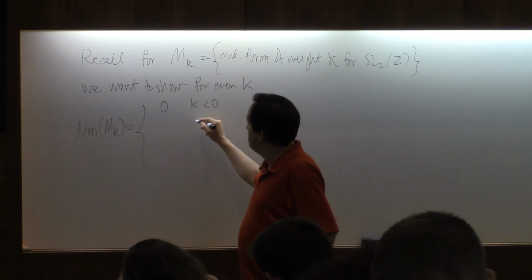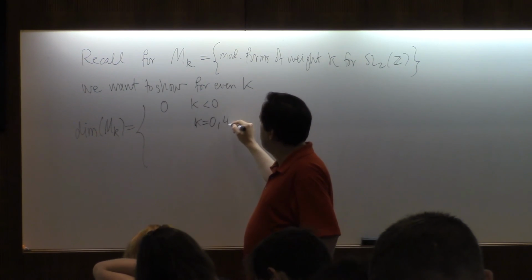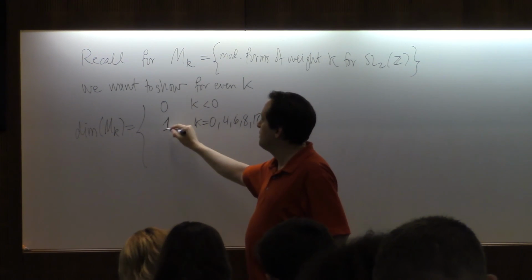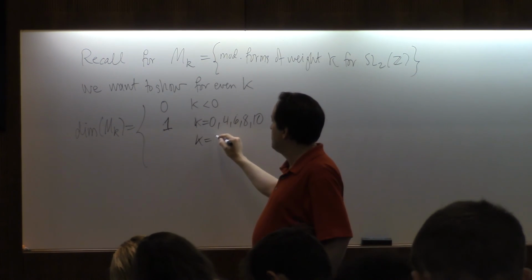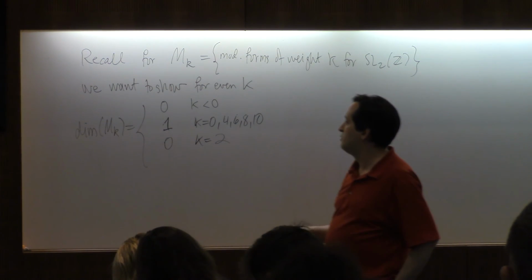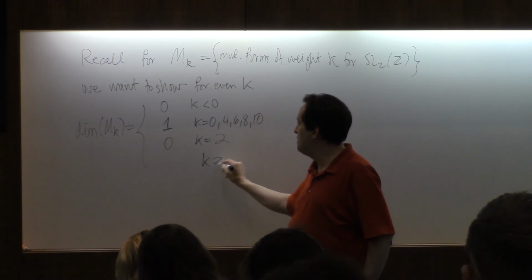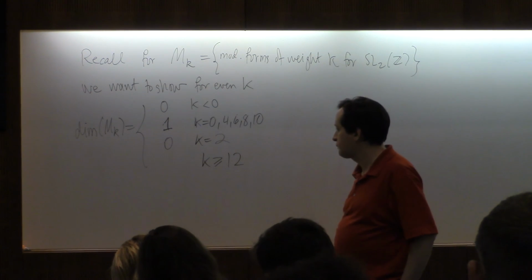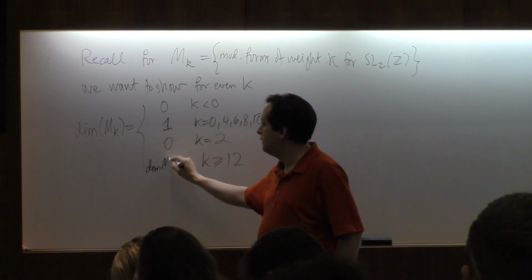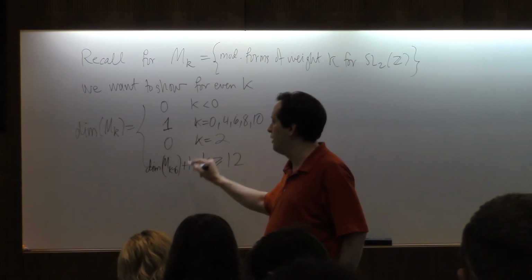And then if k is 0, 4, 6, 8, and 10, we want to show it's one-dimensional. If k is 2, it's back to being 0-dimensional. And then for k at least 12, I want to show that the dimension of M_k is the dimension of M_(k-6) plus 1.